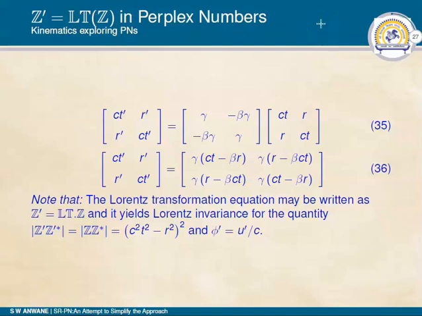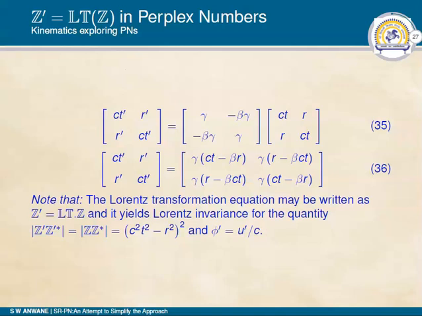So ct dash, r dash, r dash, ct dash equals the Lorentz transformation matrix gamma, minus beta gamma, minus beta gamma, gamma, operated on ct, r, r, ct. The moment you operate that, you encounter what you have already defined as the Lorentz transformation.